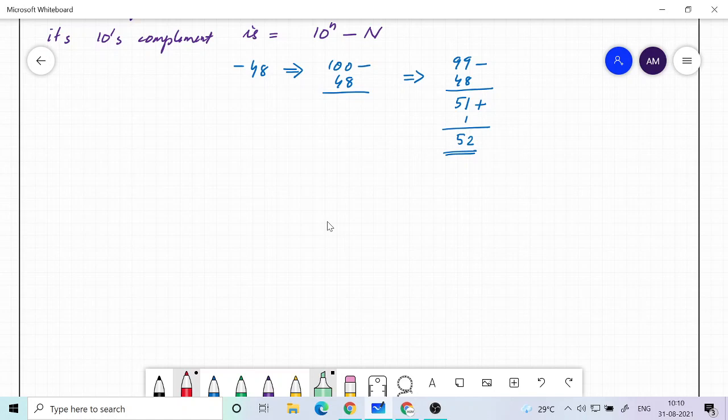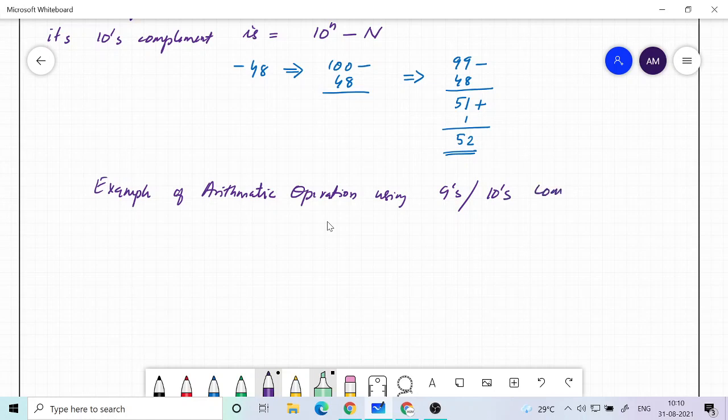Let's take an example of arithmetic operation using 9's or 10's complement.